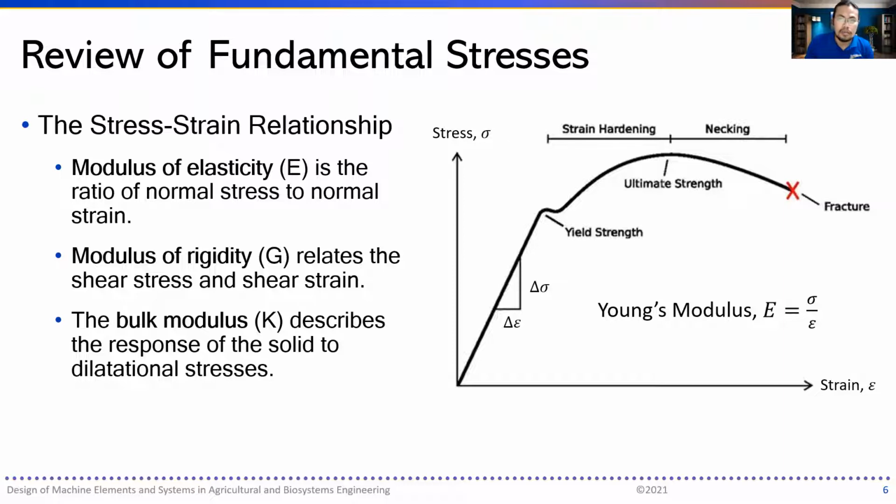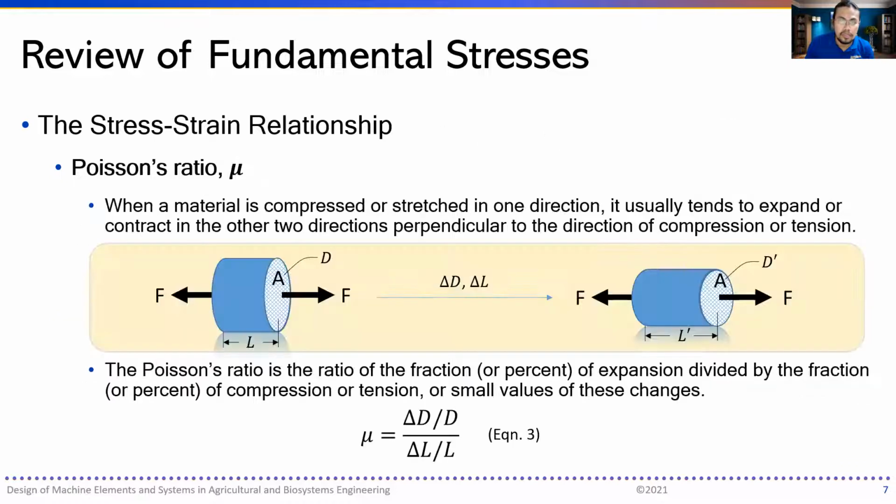It is important that this be considered. And we now introduce here the Poisson's ratio, which is simply the deformation in terms of the diameter over the deformation in terms of the length.